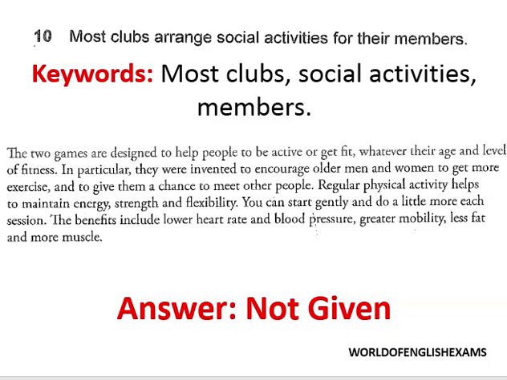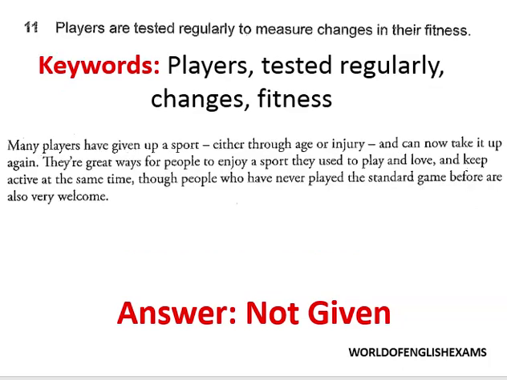Hence the answer has to be not given and not false. Guys, if you haven't understood it, please drop a comment in the comment section below and I would be more than happy to revert to you and explain this carefully. But do not descend into confusion, guys. It is very important to understand this. Now let's proceed with the next statement.